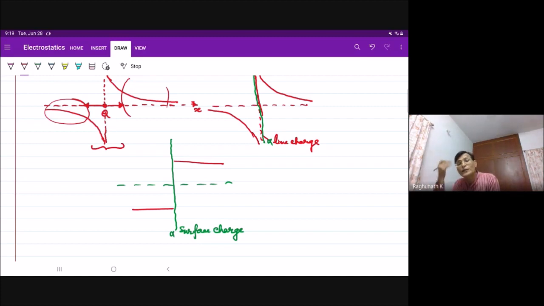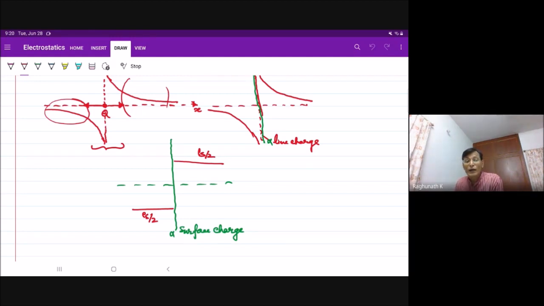Everywhere it is the same. I told you that it is uniform on each side of this particular plane. Rho s by 2, rho s by 2 are the flux densities. Here we have a finite discontinuity of size rho s. Check it.